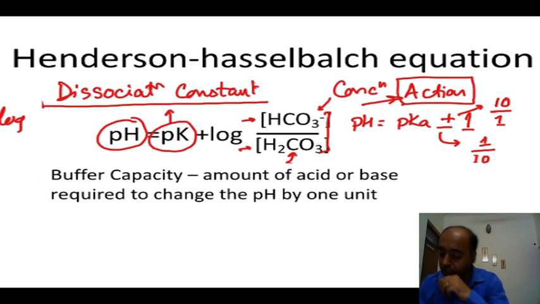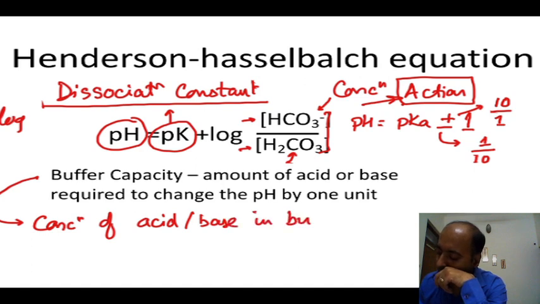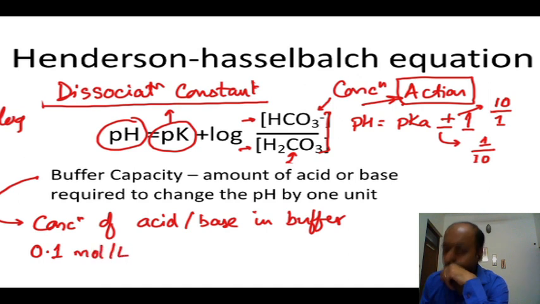And remember, the buffering capacity will depend on the absolute concentration of the acid base in the buffer. For example, if the concentration of acid and base is, let's say, 0.1 mole, then it will be able to offer the buffering capacity equivalent to neutralization of this 0.1 mole of the chemical solution.